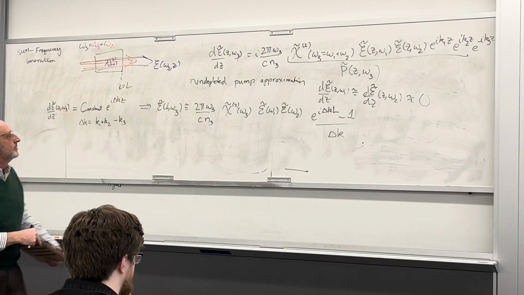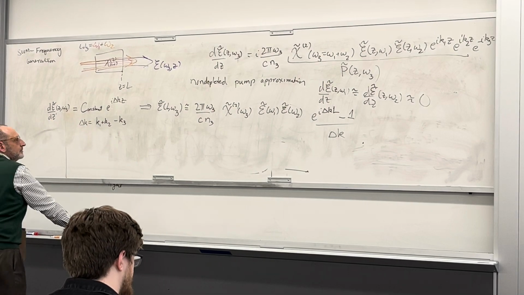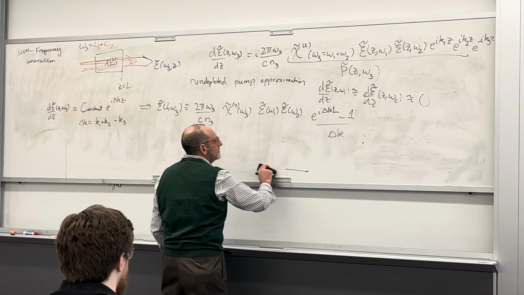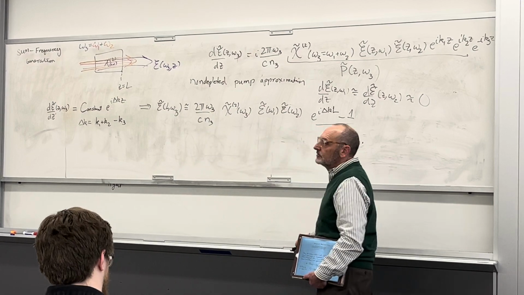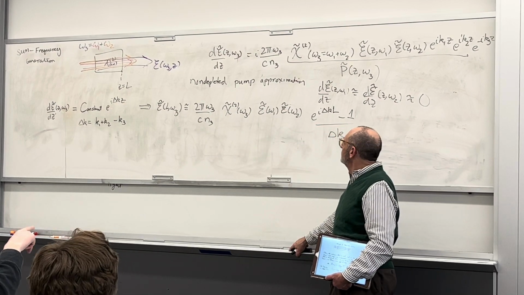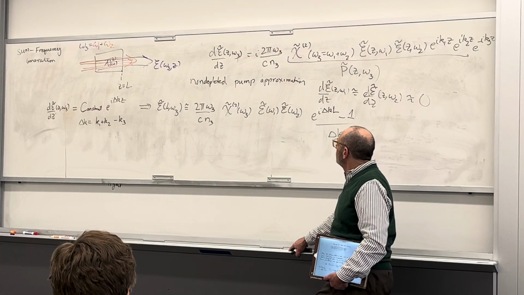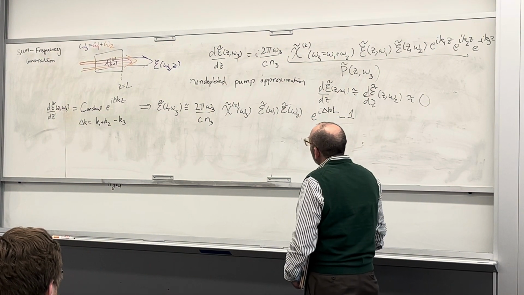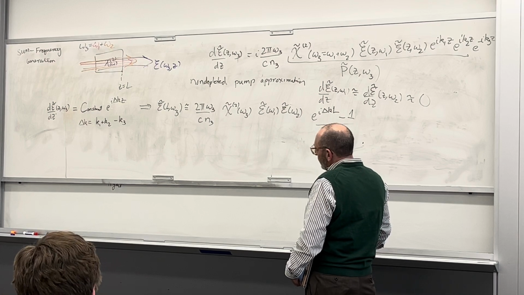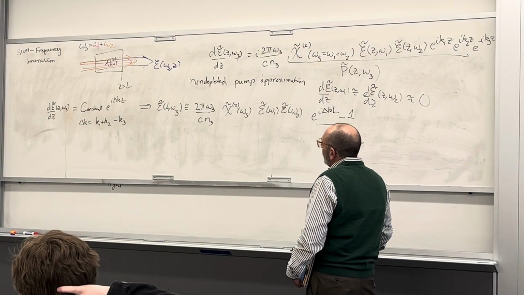So, when does this actually occur? When is the epsilon squiggle over dz, when does the non-depleted pump approximation actually make sense? When you have bad conversion. Yeah, exactly.